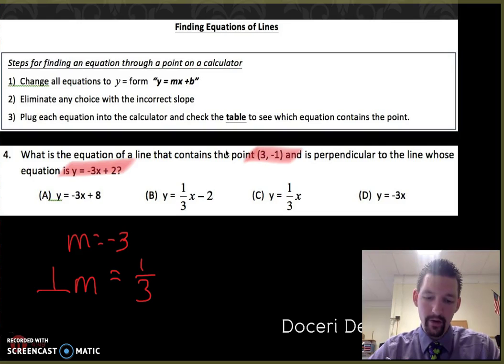So right away, we can eliminate choice A because the slope is incorrect, and choice D because the slope is incorrect. And now we want to know, okay, which one of these two will contain that point. So we can look at the table on the graph by plugging this into y equals.